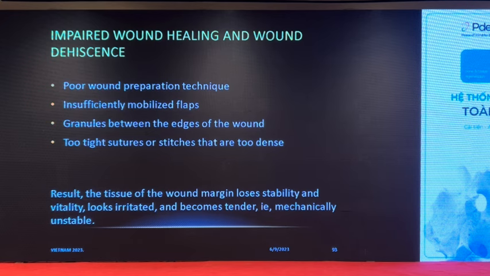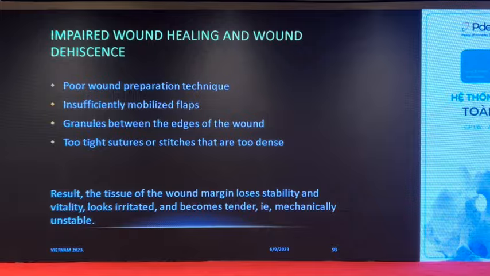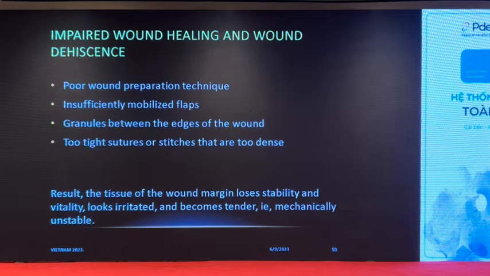And we need blood supply, of course. Or if the stitches are not stable, then as a result, the tissue of the wound margin loses stability and vitality, looks irritated, and becomes tender and mechanically unstable.